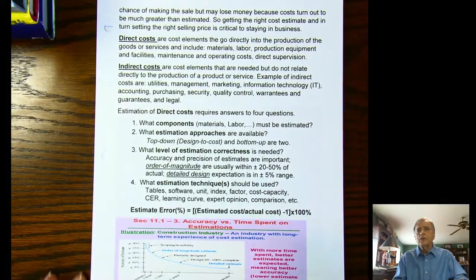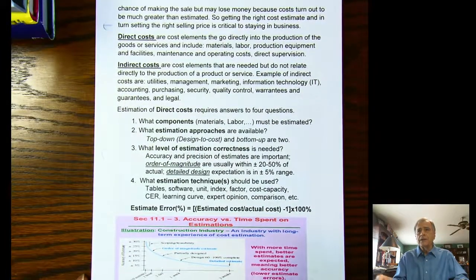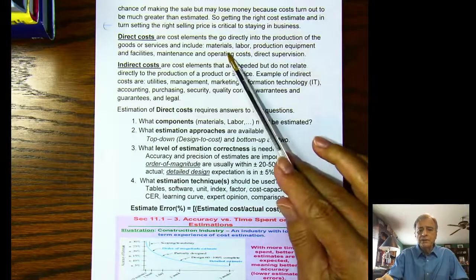The costs are broken down into two categories generally: direct cost and indirect cost. Direct costs are cost elements that go directly into producing the product or service. Things that fall into direct cost would be materials.